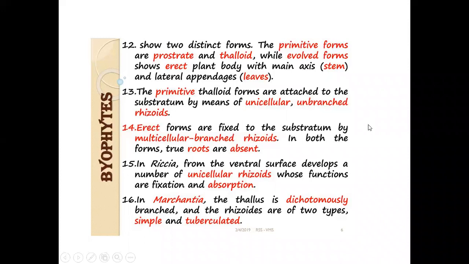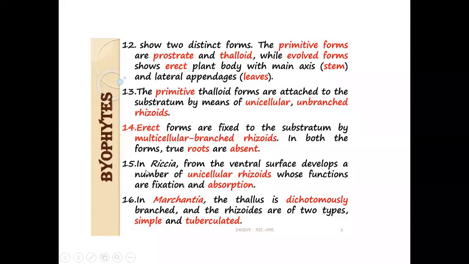What is the function of the roots? Absorption of water and minerals from the substratum. In the same way, these rhizoids also absorb water from the substratum. At the same time, they help in fixing the plant to the substratum.